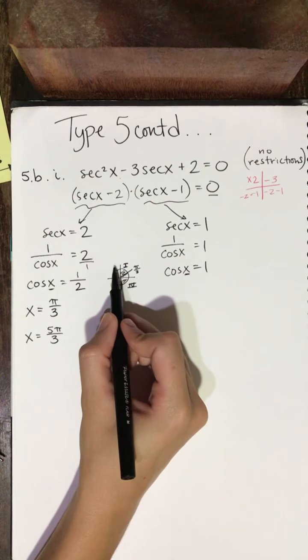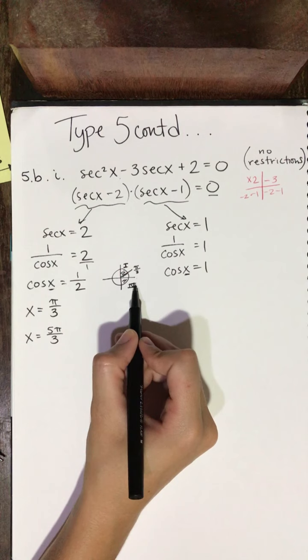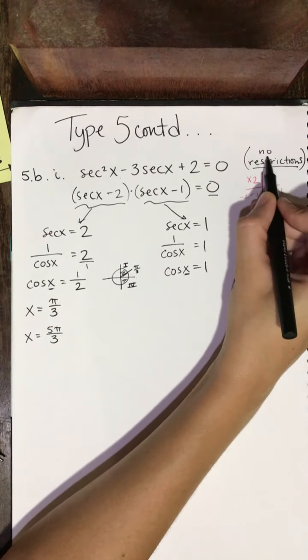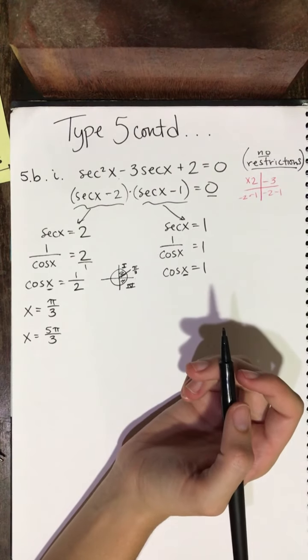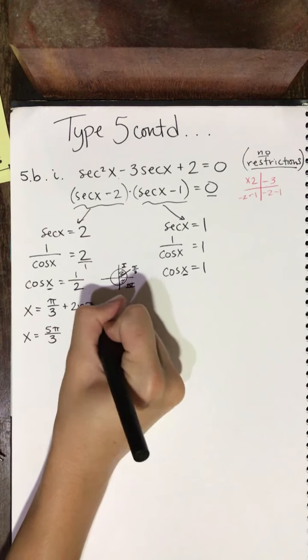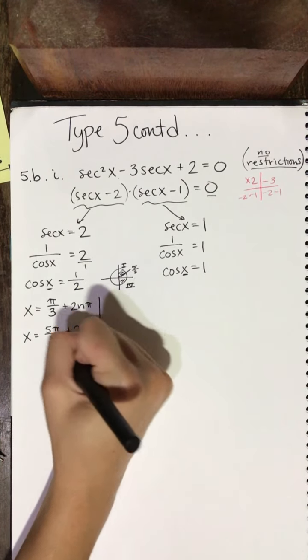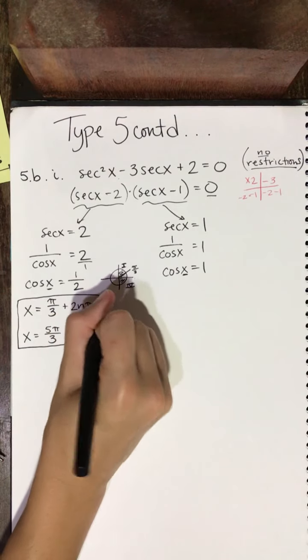Or you can do pi over 3, 2 pi over 3, 3 pi over 3, 4 pi over 3, 5 pi over 3 gets us into quadrant 4. Okay. Now we have no restrictions. That means we've got to do that plus 2 n pi. Okay. So plus 2 n pi, plus 2 n pi. Now our answers are complete for this side.